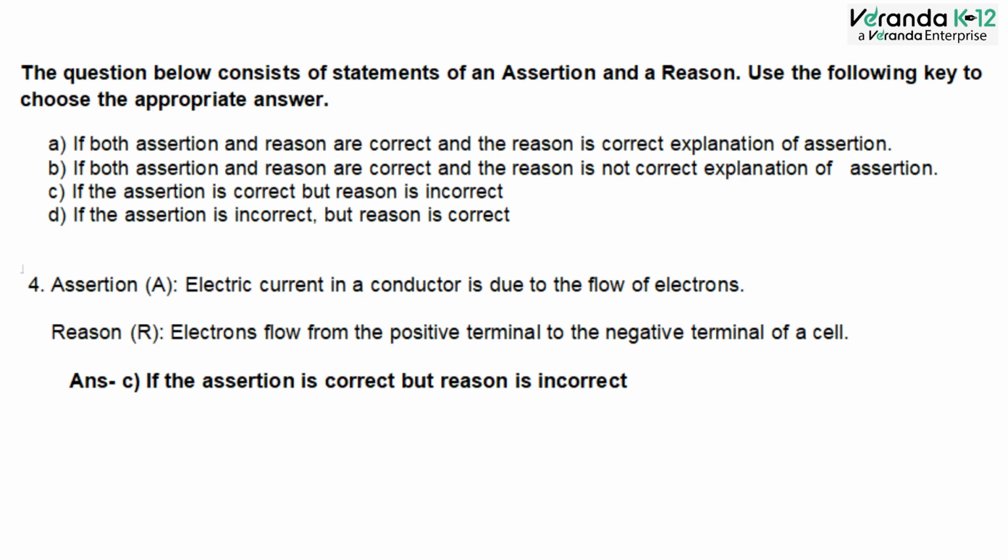So, the assertion is a true statement. In reality, electrons flow from the negative terminal to the positive terminal of a cell because electrons are negatively charged and are repelled by the negative terminal and attracted towards the positive terminal. So, the reason is incorrect.